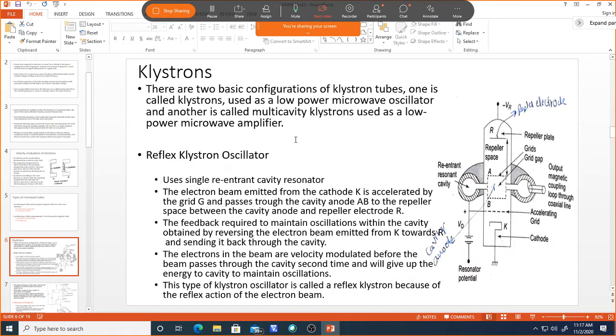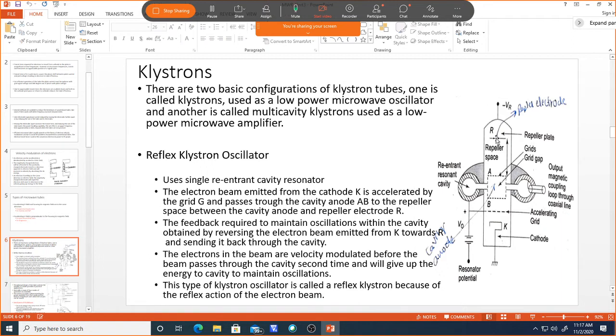One is the low power microwave oscillator, which is used in our labs also, called the reflex klystron, and another is the multi cavity klystron, which is used for low power microwave amplification. In our laboratory, we will use the reflex klystron, the low power microwave oscillator.